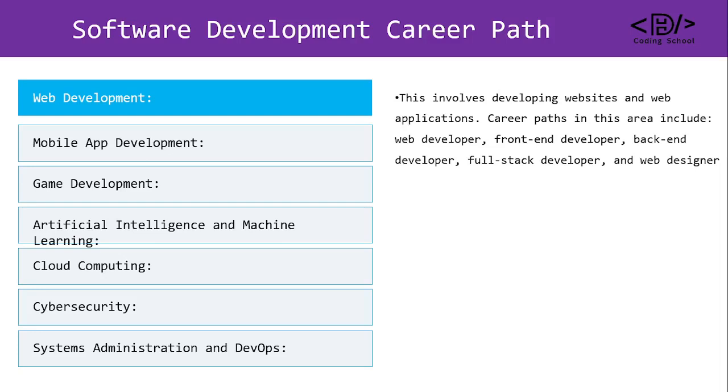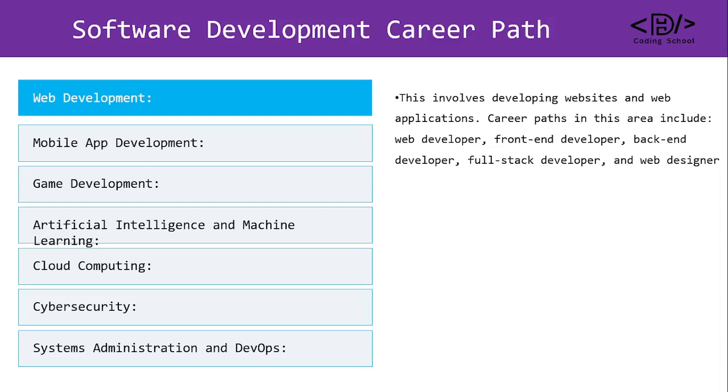This career path includes web developers, front-end developers, back-end developers, full-stack developers, web designers, and so many others that contribute to web development. Of course, there are also people who create content, copywriters, and others. This is the one we are going to talk about, because that's where HTML and CSS fall under. But I wanted to show you all the career paths that are possible with software development.